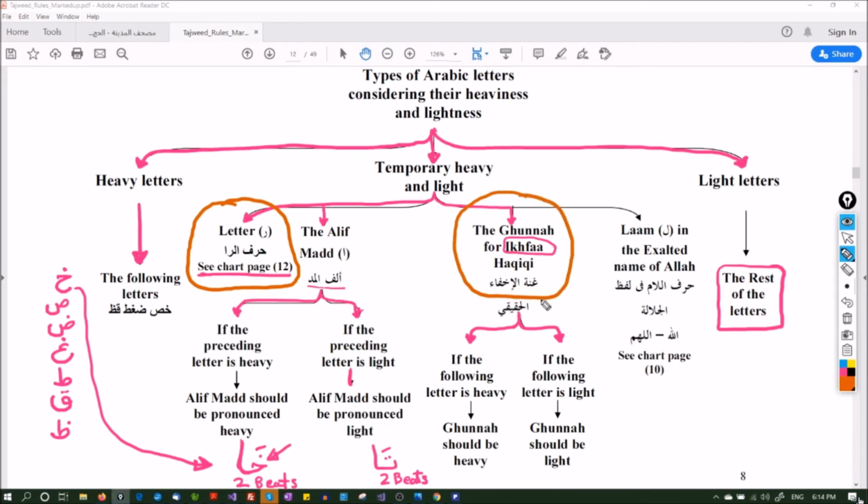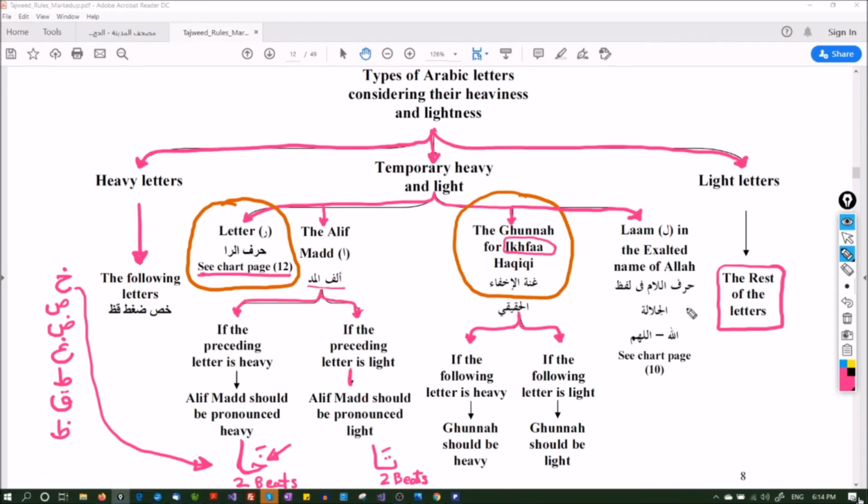Okay, so again, I guess I should make a circle here. Now moving on to the last leg here, or the last branch. Okay, pick up this color, this branch here. Lam in the exalted name of Allah. We didn't do this yet. This is another simple one as well.